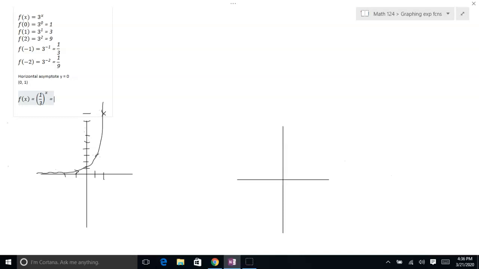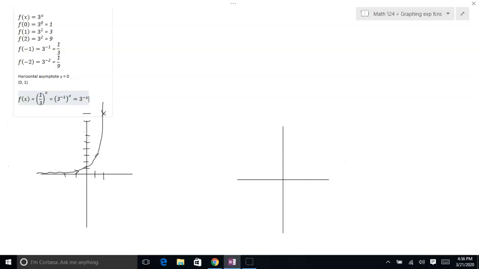But let's think about that. 1/3, we set up above, is 3 to the -1 power. So this is (3 to the -1) to the x. But we also know a rule of exponents that says if I have something to a power to another power, I can multiply the exponents together. So that is 3 to the negative x.